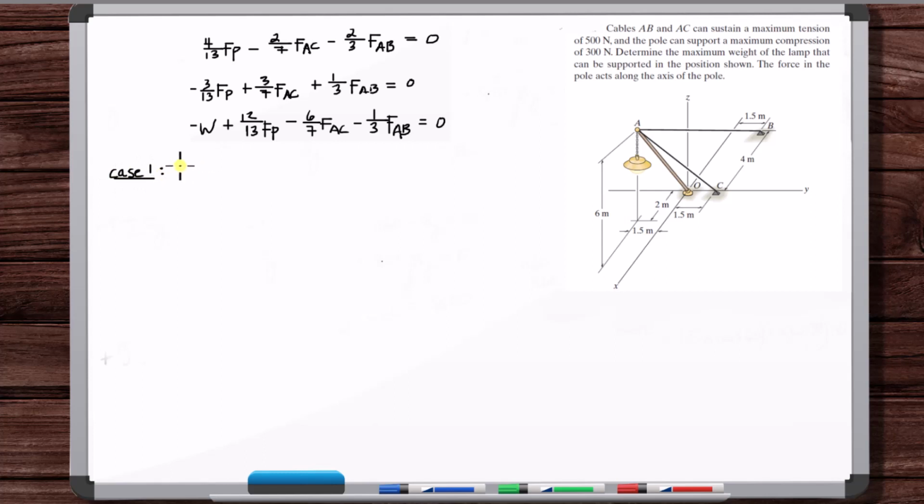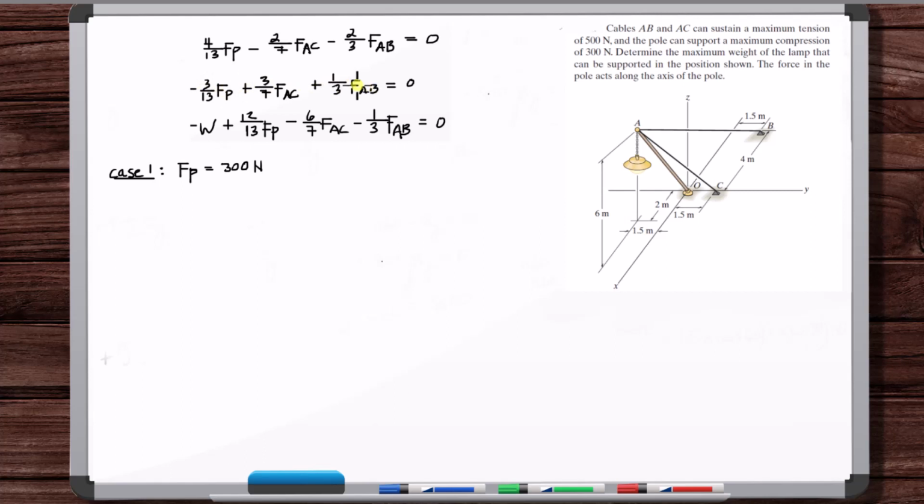All right, we're going to say that FP is equal to 300 newtons. Okay, so the force in the pole is 300. Now let's solve for all of the other forces. Let's look at these first 2 equations. We can subtract or add these 2 equations, but before we do that, we need to have one of the terms equal.